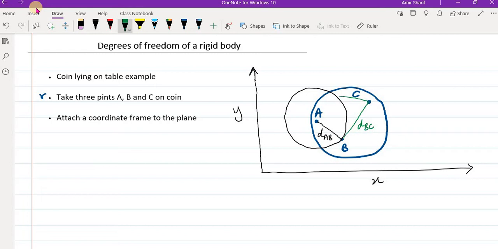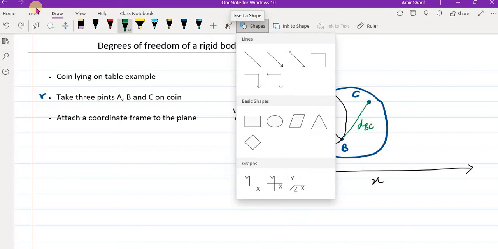We can just draw this circle, or maybe to make it better, we can use this option ink to shape.